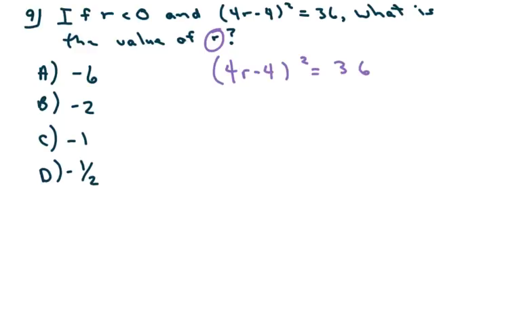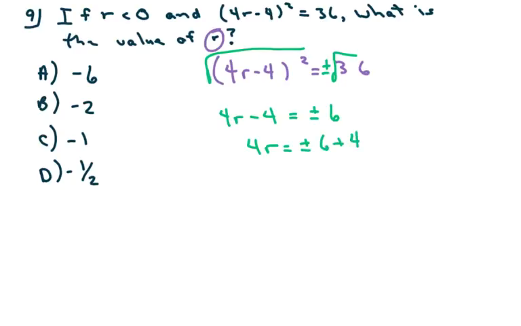When you square root both sides, don't forget to do your plus and minus here. So you get 4r minus 4 equals plus or minus 6. And then we're going to go ahead and add the 4, and then divide everything by 4.